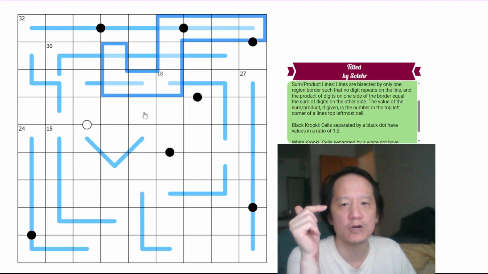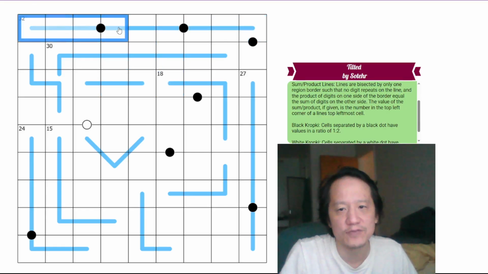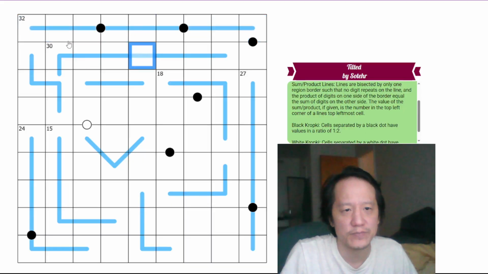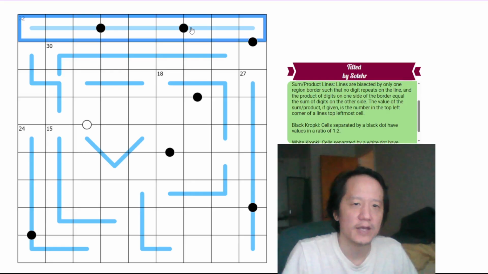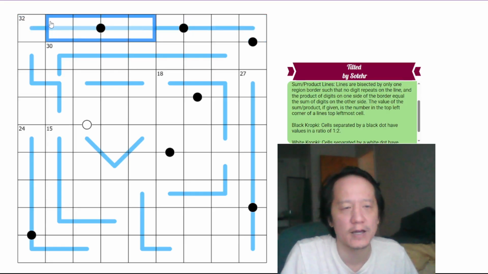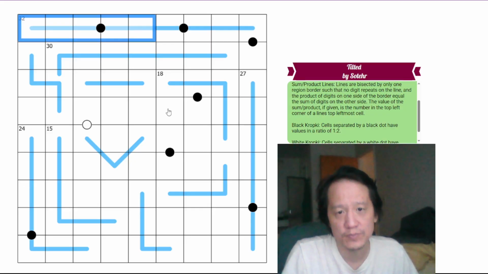The value of the sum/product, if given, is the number in the top left corner of a line's top leftmost cell. So this line is bisected into two regions by one region border. On one side, you have a product that multiplies to 32, and on the other side, you have a sum that adds to 32. So that should give you some information there.